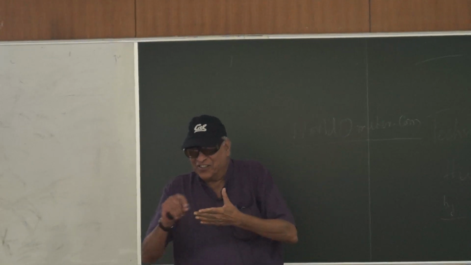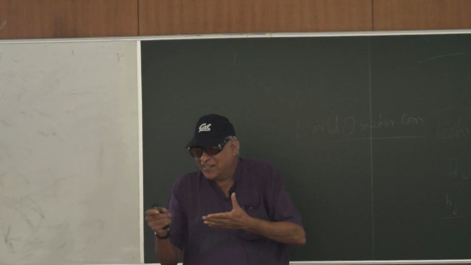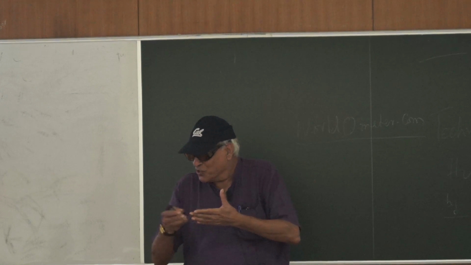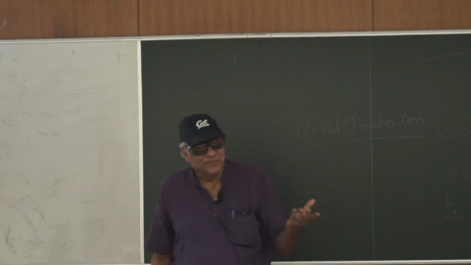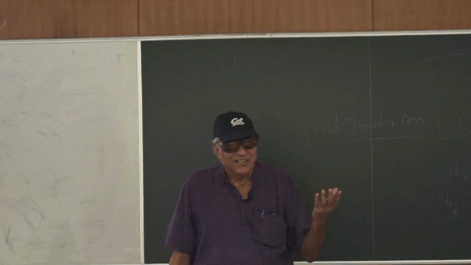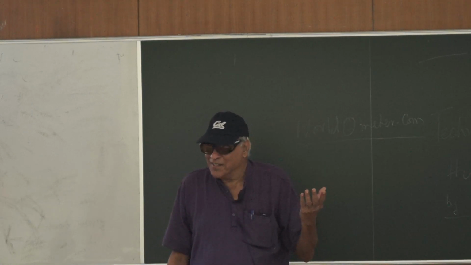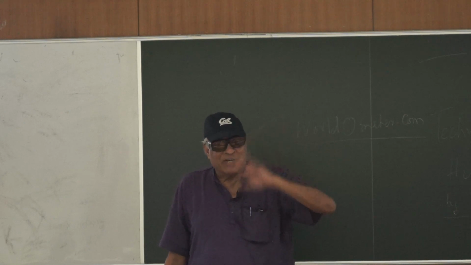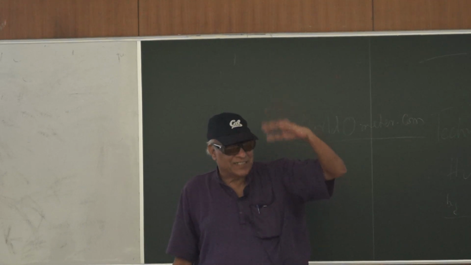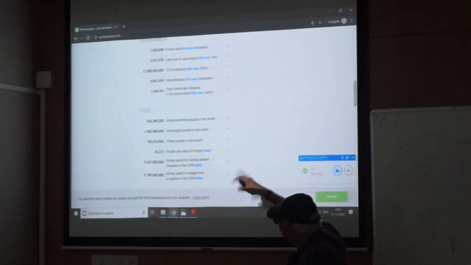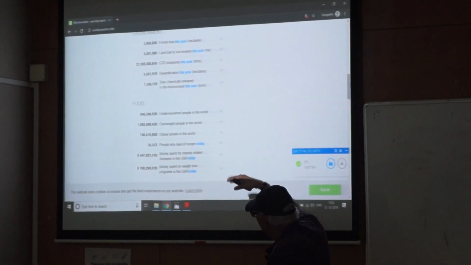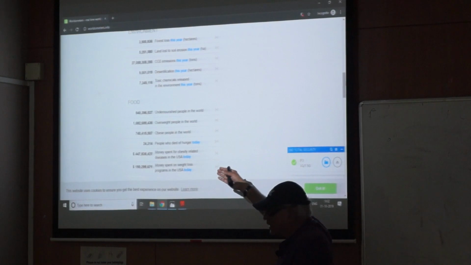And this was certified by All India Institute of Medical Science, that's like equivalent. Average food consumption in America is 3,000 kilocalories per day. Next. Alright, next. What does it say? Obese people who died of hunger. Money spent on obesity related things and all that.